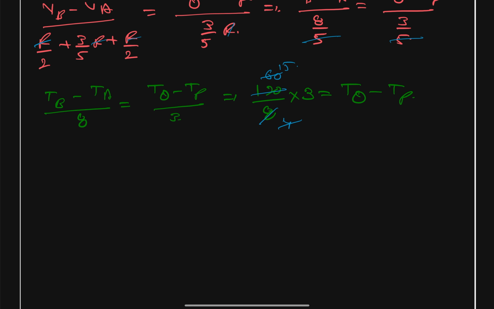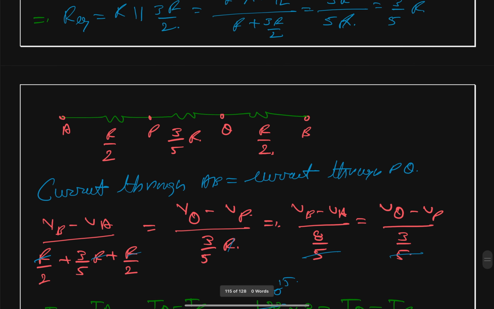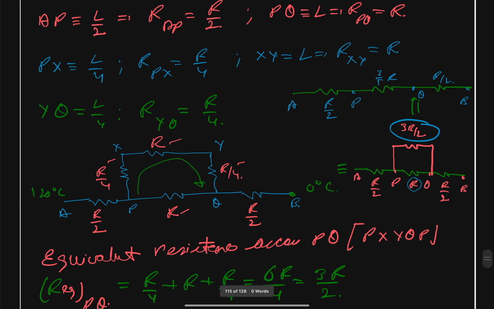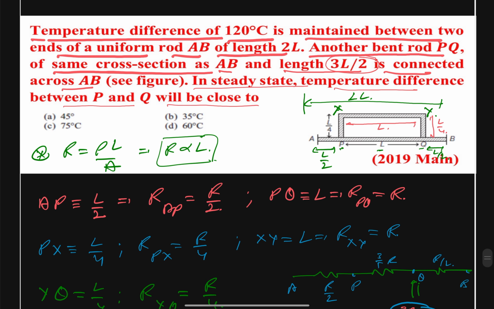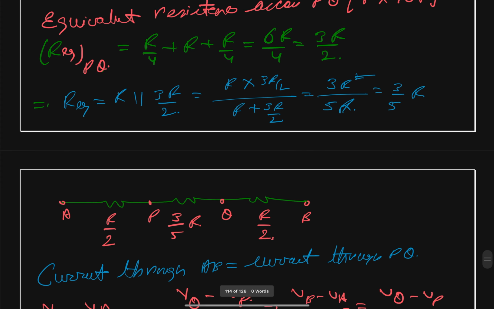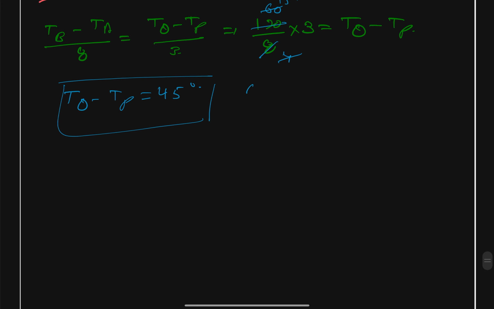Therefore TQ minus TP is equal to 45 degree. Okay. So in this case, 45, option A is correct. Next question.